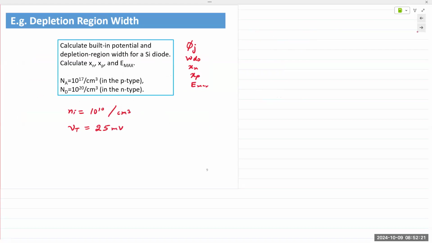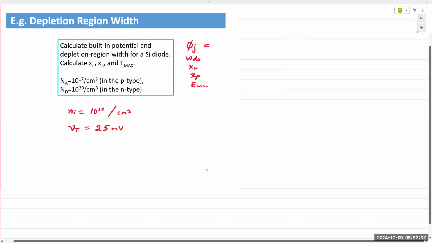Did you take ni square or did you take ni? That is correct. 0.979.